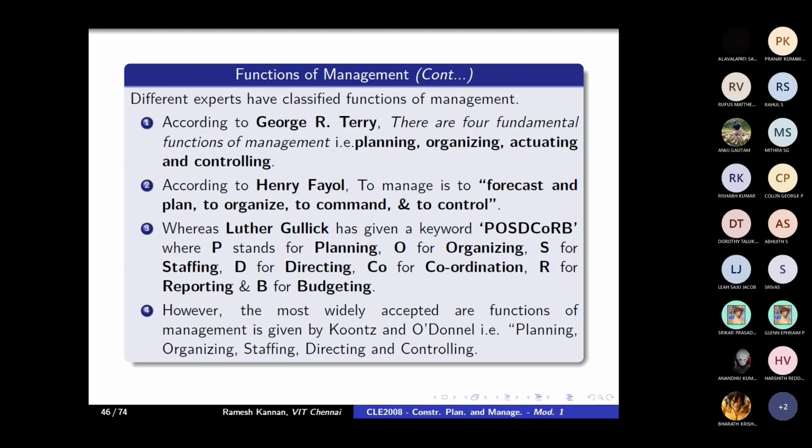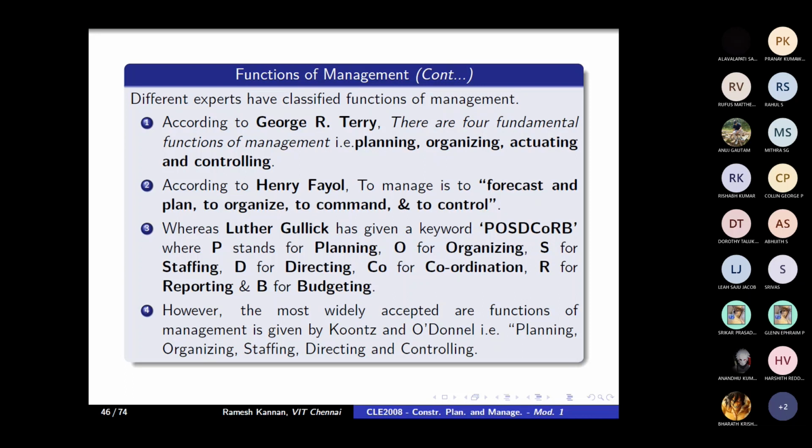If you have good plans and a good execution procedure but no budget, you can't achieve that task. That is why Luther Gulick put forth budget as an important term in the functions of management.